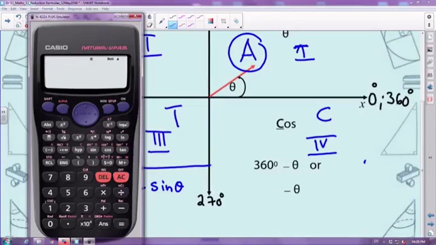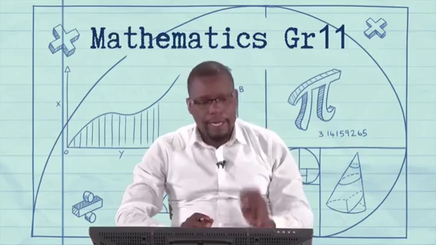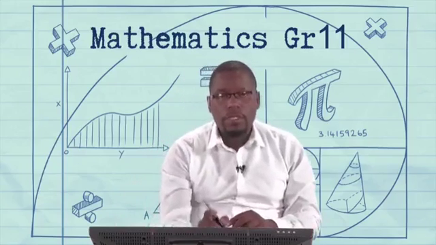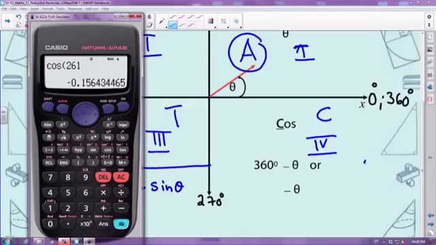Let's say we have cos of 261. Now, where is 261? It's between 180 degrees and 270, and that is the third quadrant. We are expecting a negative answer because it is the third quadrant and tan is the one that's positive. So you see.